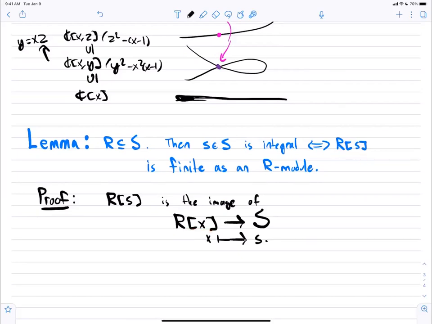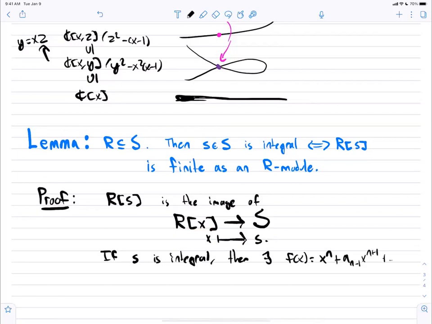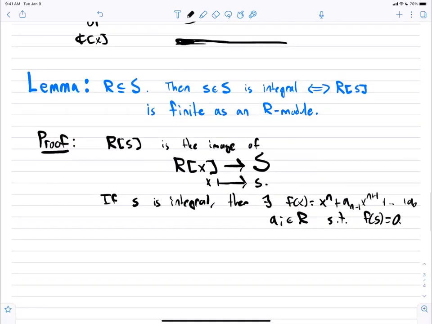Okay, so if s is integral, then there exists f(x), a monic polynomial with coefficients in R, such that f(s) is equal to 0. But of course, that means f is in the kernel of this map.